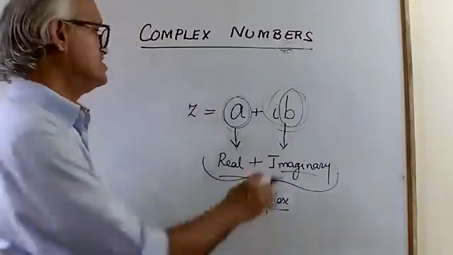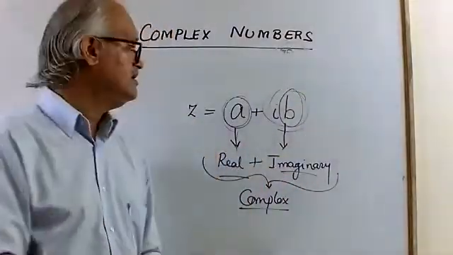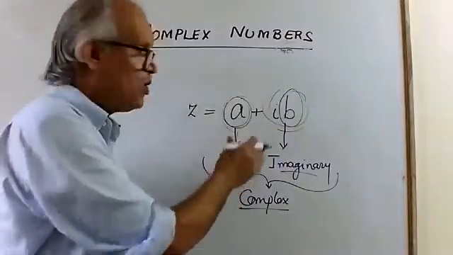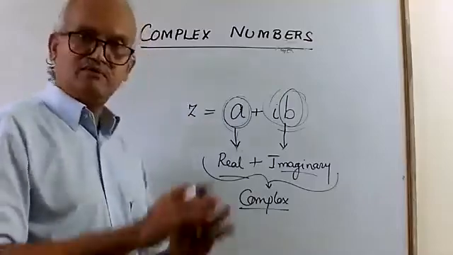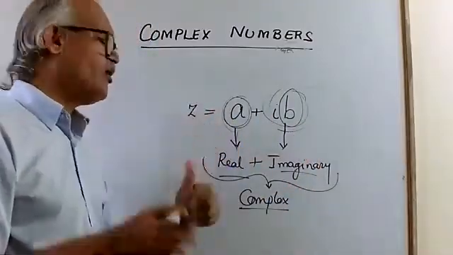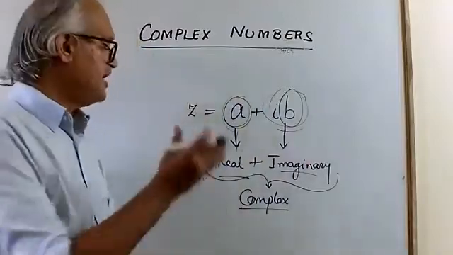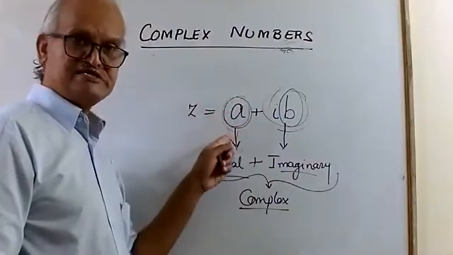Sometimes the imaginary part may become 0 and then the whole number will be entirely real. Sometimes the real part may become 0 and all of it may be completely imaginary. But for general purposes, you can represent any complex number z as made up of two parts. A real part often represented as a.